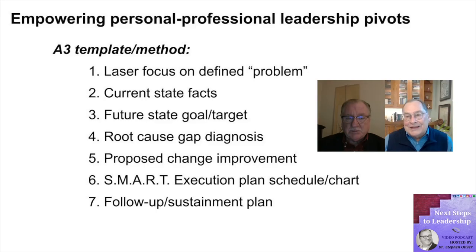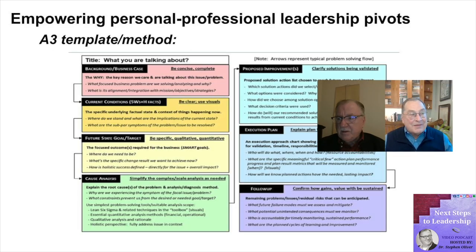So the brilliant management thinkers at Toyota came up with a series of techniques borrowing from Dr. W. Edwards Deming to create the Toyota production system. And one of those was to use an A3 template to define and manage performance improvement or problem solving. So an A3 template, and it's an actual document. I'll show you an example of it, but it's also a way of thinking, it's a method.